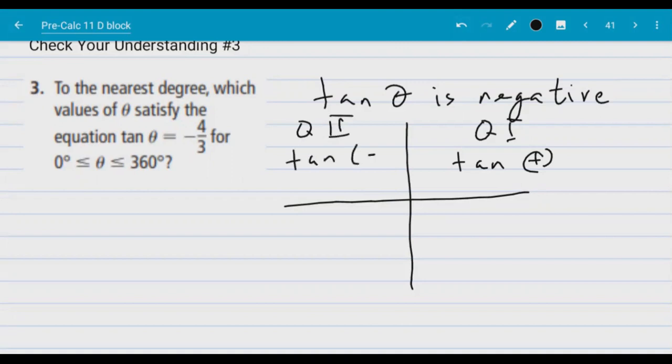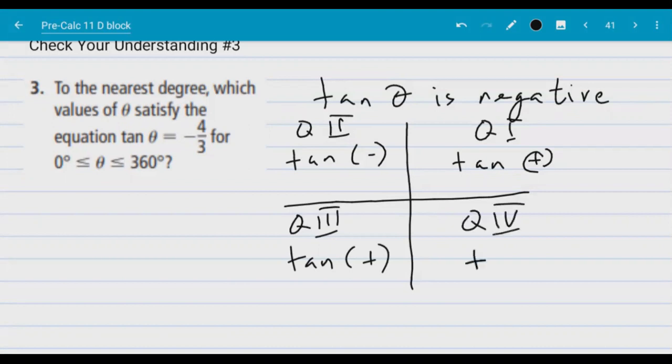So it seems that we have at least one answer, which should be in quadrant 2. In quadrant 3, tangent is positive. What about in quadrant 4? In quadrant 4, tangent is negative.